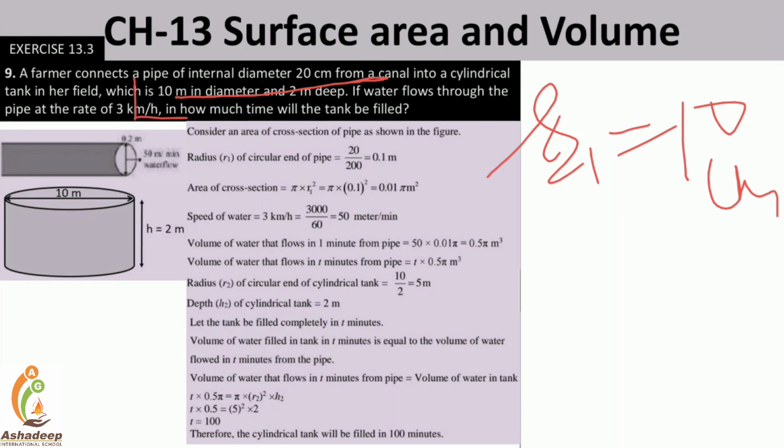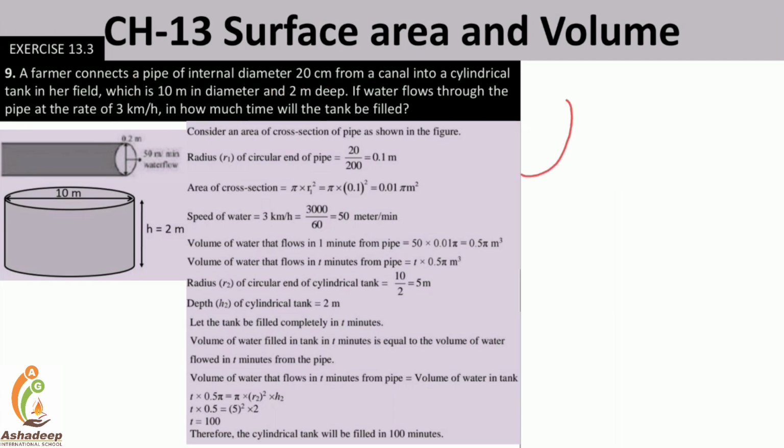Now it comes into the cylindrical tank, and R2 is 5 meters. Deep 2 meters, that is the height. So R1 is given, cross section is given.